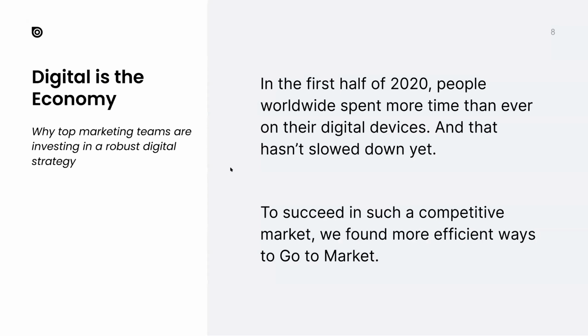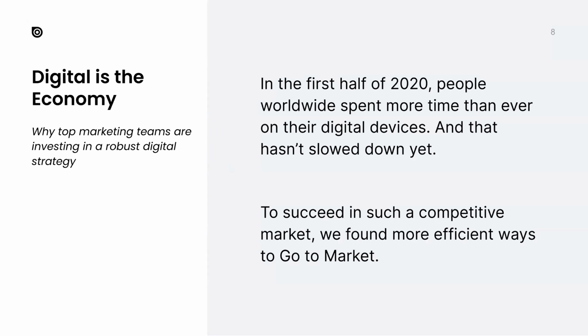So when we really look at the trends from 2020 into 2021, a big thing that we've seen on the marketing team itself is that digital is really a new economy, or maybe not a new economy, but an ever-growing economy. A lot of the top marketing teams are really investing in robust digital strategies now more than ever.